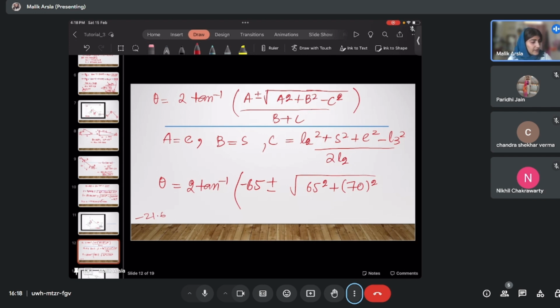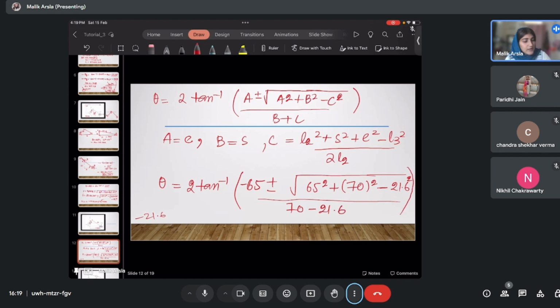Yeah, that is correct. So C you can again take as 21.6 squared, and in the denominator we have 70 plus C, so it will be 70 minus 21.6.